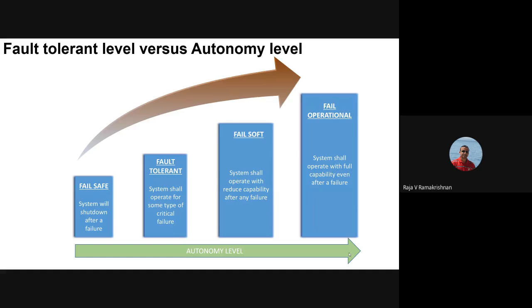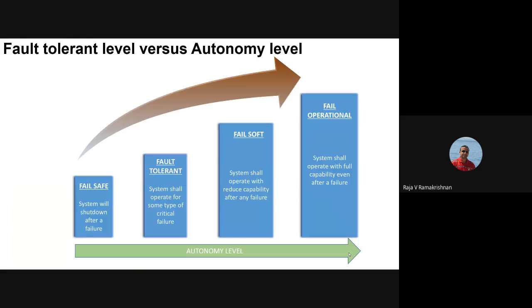So when we are working as steering or braking suppliers to vehicle makers, we have to architect our system such that we are able to work towards that level of autonomy. That means we have to design our systems from fail safe to fail operational. That means systems shall operate with full capability even after a failure. So that's how we increase safety, making sure that level 4 or level 3 autonomy is possible.